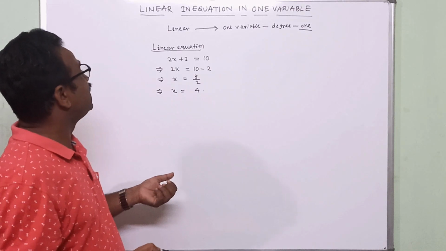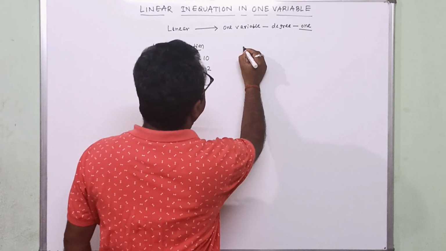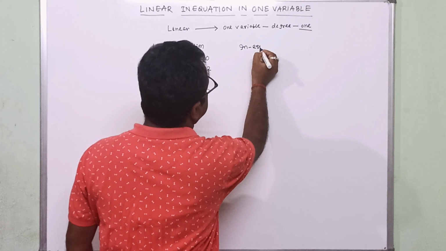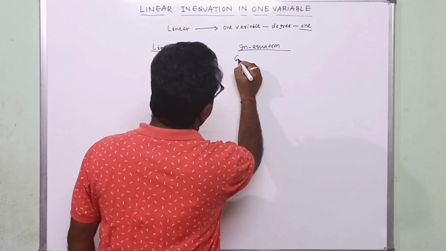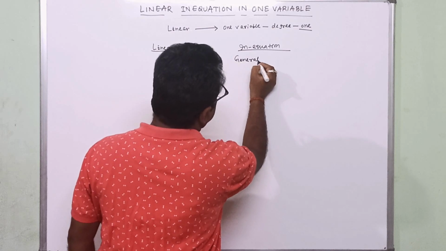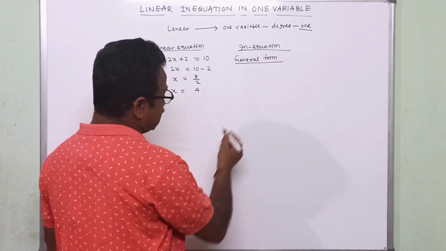Now we'll go to linear inequation. So in linear inequation, what is the general form?